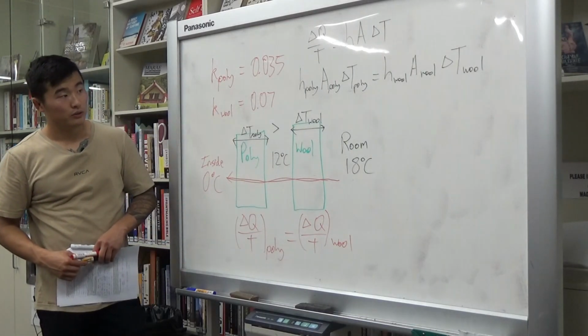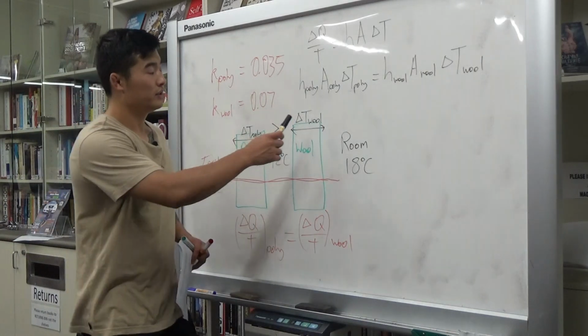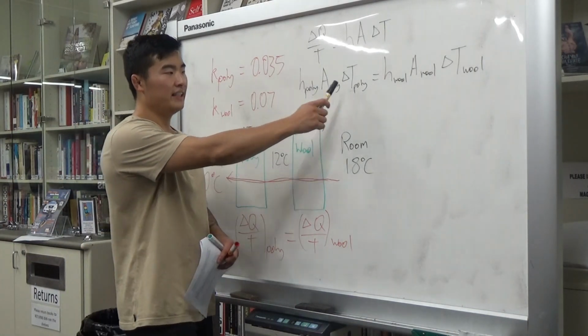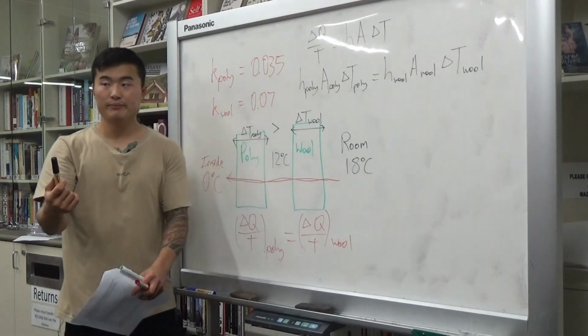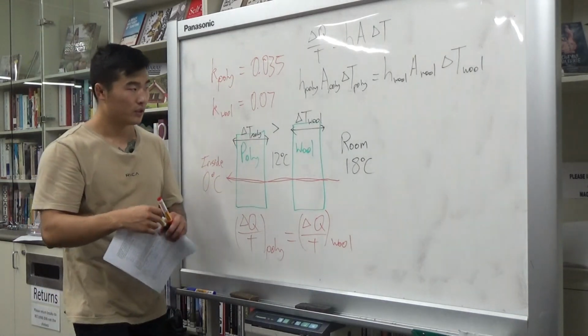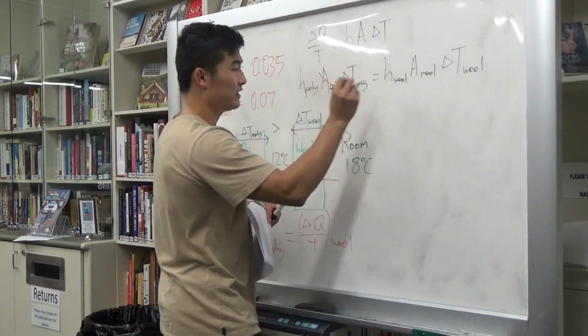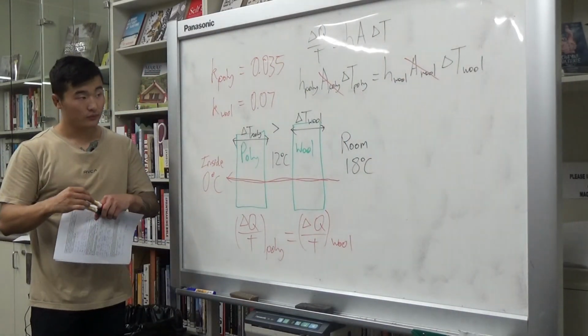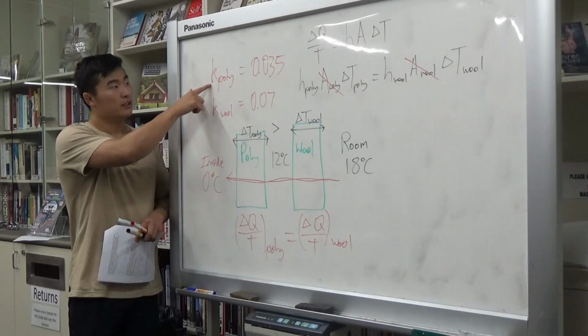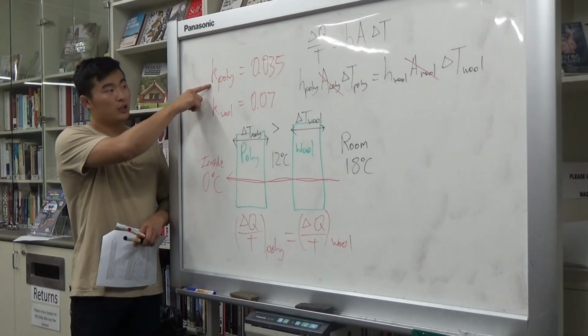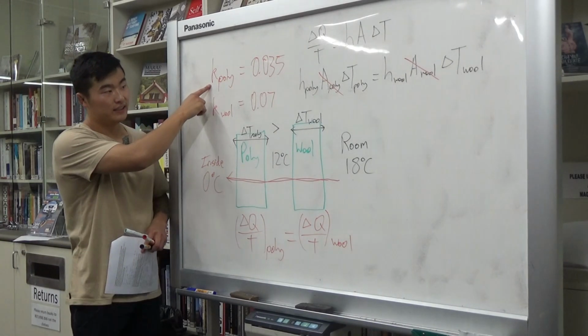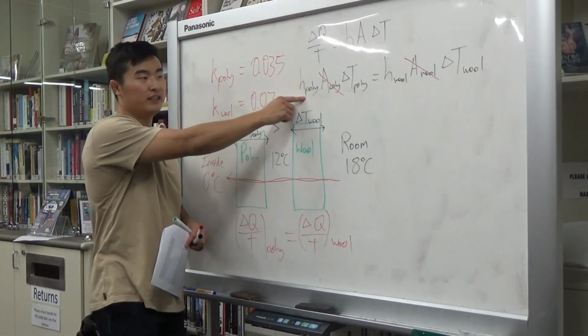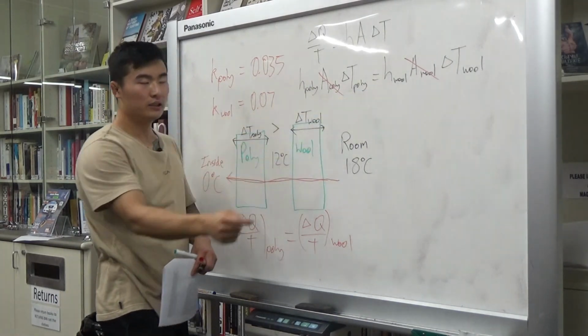And so we know that the area of the polystyrene and the area of the wool has to be the same. Okay, so these are going to cancel out because the surface area is going to be the same. So we know that the conductivity of the polystyrene is half of the conductivity of wool.